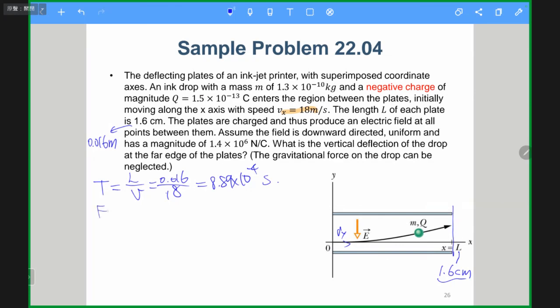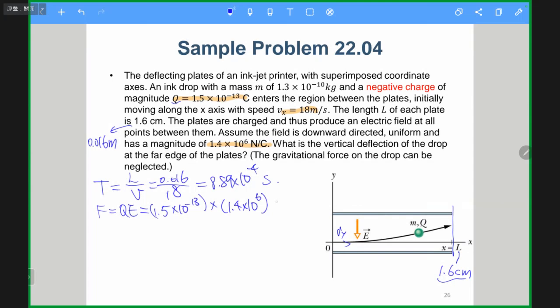And then next we calculate F equals QE, because we know the charge amount of the ink, and also we know the E field generated by the parallel plate. So we can calculate the electrostatic force. Q, maybe we can write it as a capital Q to match with this one, is 1.5 times 10 to negative 13, and then times 1.4 times 10 to the 6.